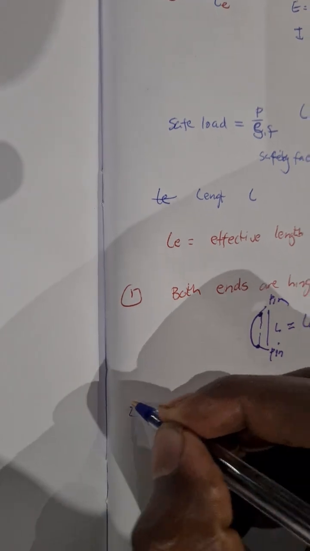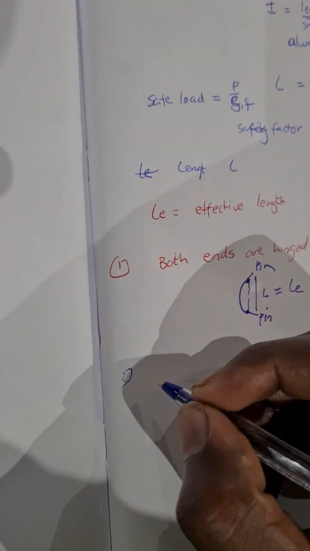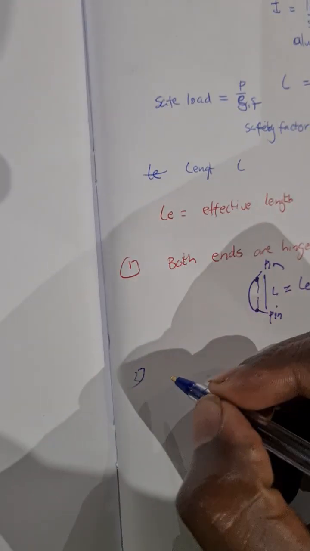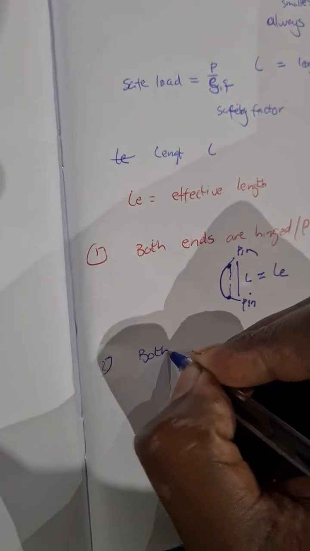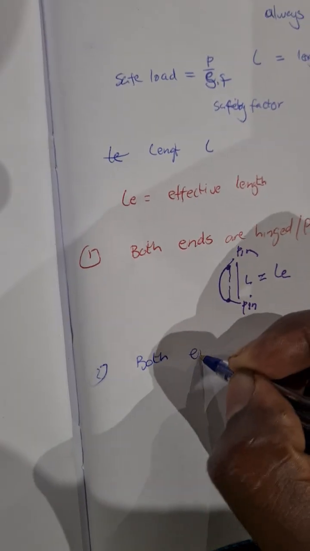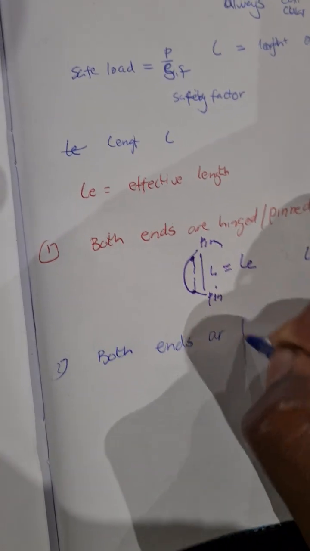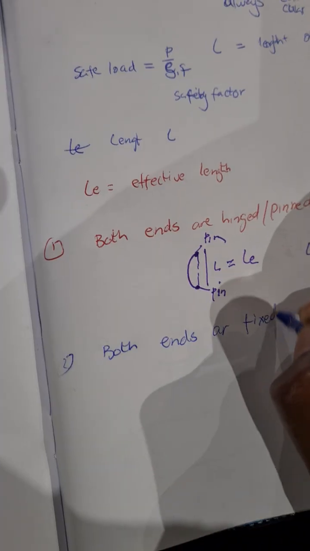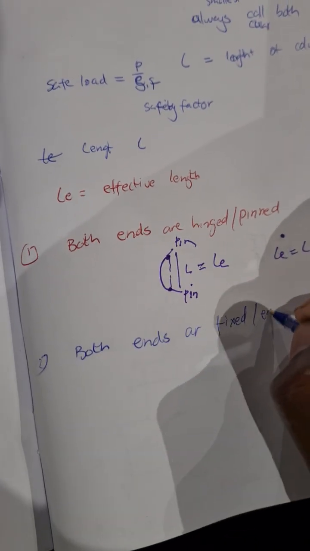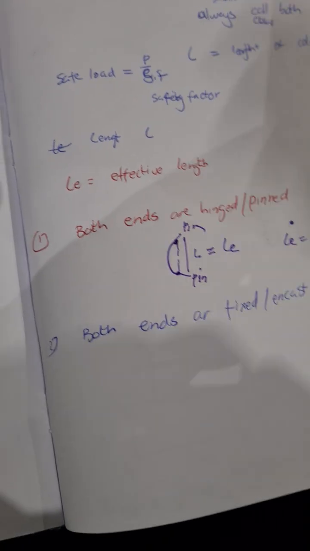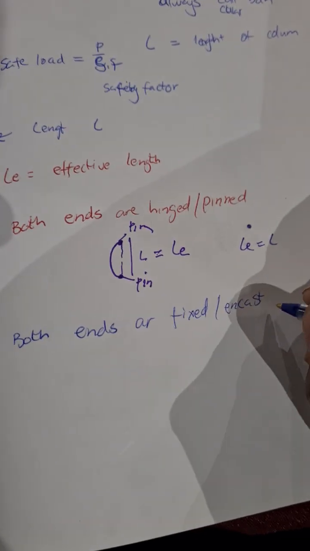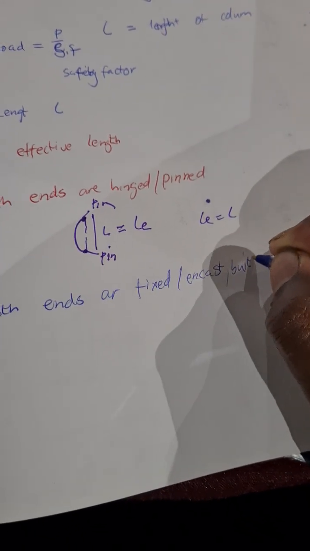Okay, number 2: both ends are fixed. Another word is encastrated, or built in if you like.